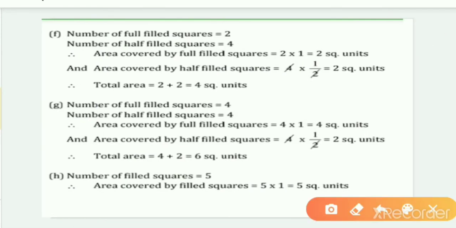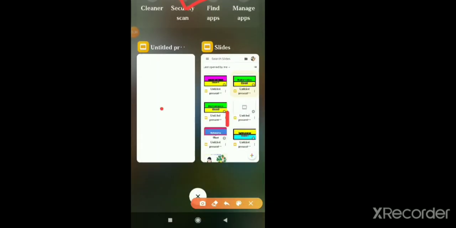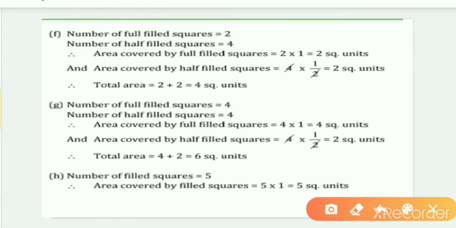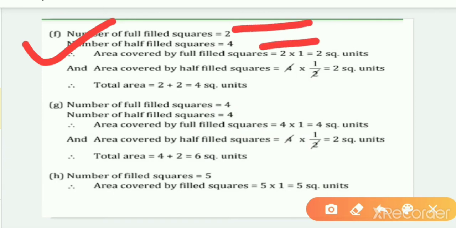So we will write number of full filled squares or number of full squares we have 2. Number of full squares we have 2 and number of half squares we have 4. Okay. So area covered by full squares we have 2 multiplied by 1, that will be 2 square units.